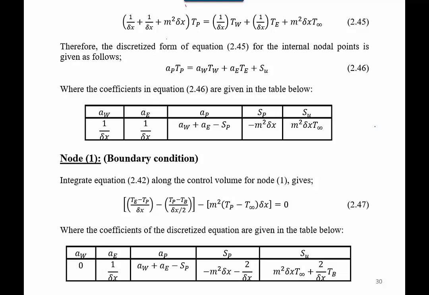Therefore we integrate equation 242 and replace the value of T west with T B, and the delta x value will be half the distance, because from the center of point 1 to the west side, it is half the distance.